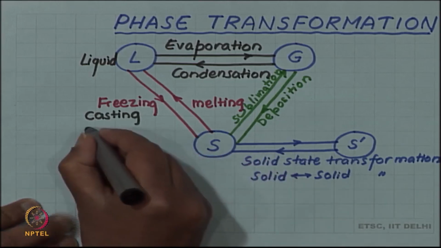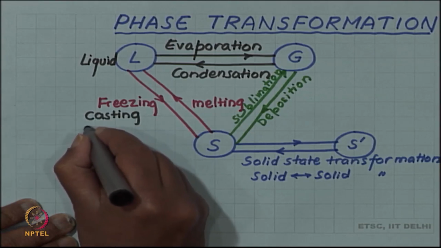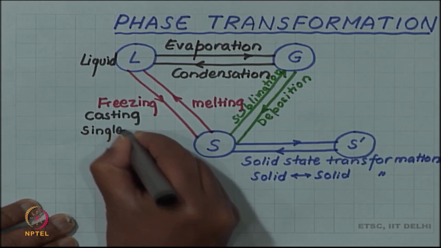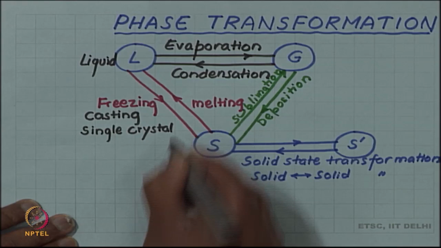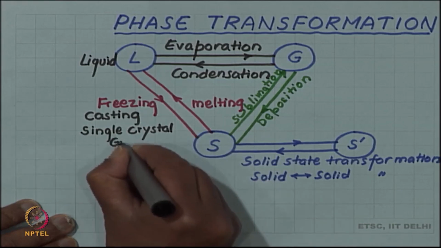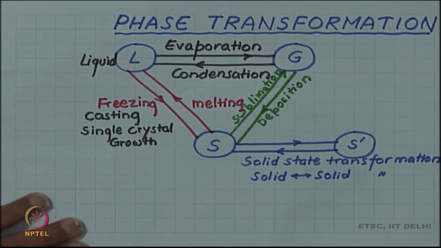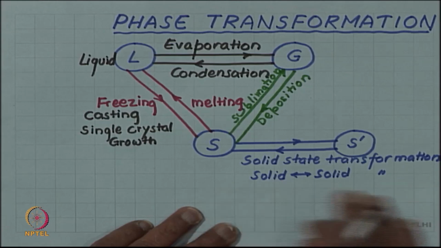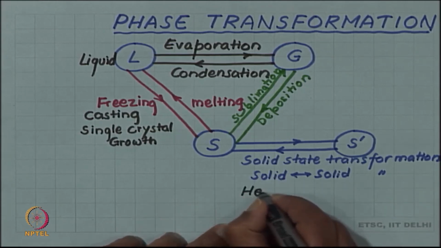Also, in the modern semiconductor industry, there is single crystal growth, and solid-solid transformation, we will see, is used very much in a process called heat treatment.